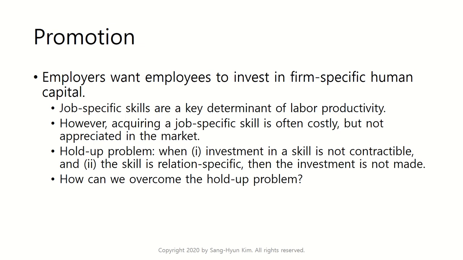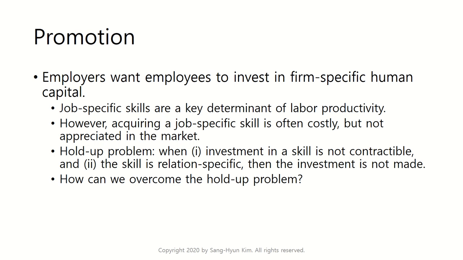So what is the holdup problem? We have seen this in the previous lecture, but again, let me just repeat this. When an investment in a skill is not contractable and the skill is relationship specific, then the investment is not made at all, because once this investment is made, it will undermine the bargaining position of the investor, I mean the investor of this relationship-specific investment.